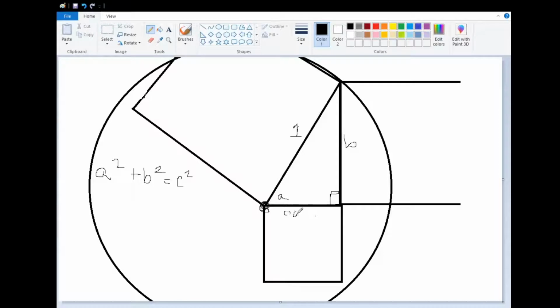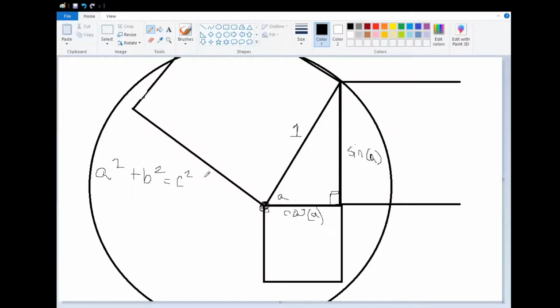This would be the cosine of A, and this would be the sine of A. Okay, now the Pythagorean theorem still holds true. So if this is A and this is B, or vice versa, it really doesn't matter, we can say that the square of the cosine plus the square of the sine equals 1.